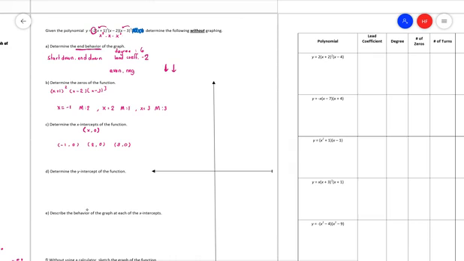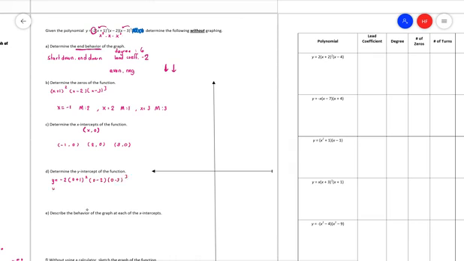On D, it says determine the y-intercept of the function. So the y-intercept occurs where x is 0. So we're going to say y equals negative 2 times 0 plus 1 squared times 0 minus 2 times 0 minus 3 cubed.